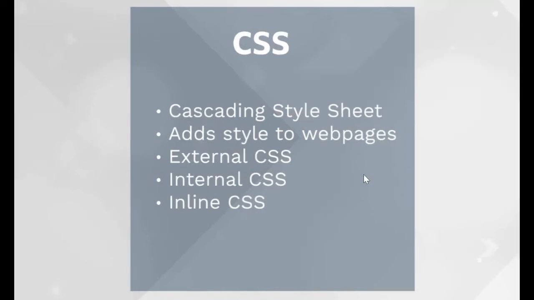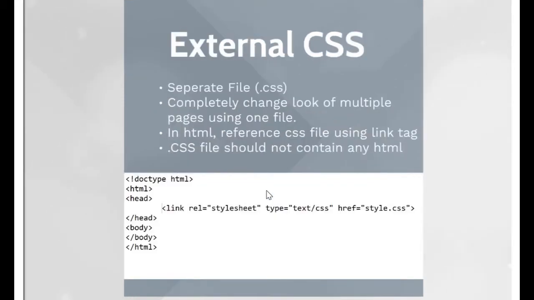Okay guys, so there's three methods that you can use to link or reference your CSS into your HTML web pages. And I'll be going through each one of them in detail in a bit, but for now their names include External CSS, Internal CSS, and Inline CSS. So External CSS. Now this is probably the most commonly used method, and it's when you create a separate file with the .css extension.